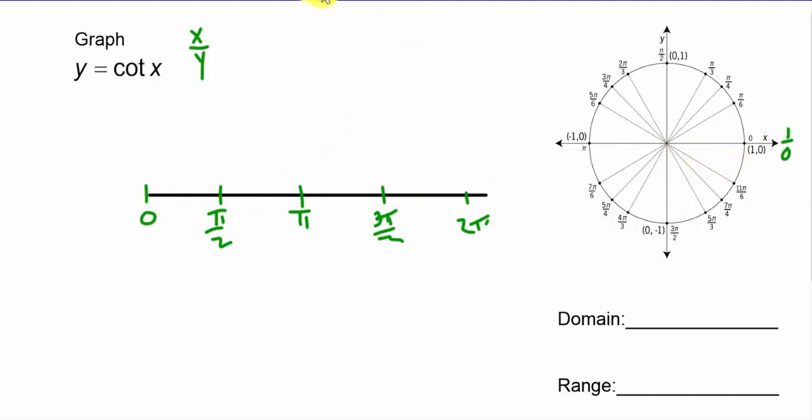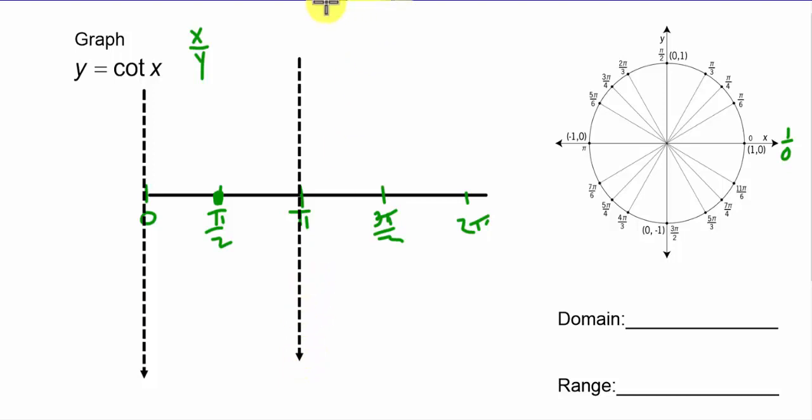So now I have an undefined value, or an asymptote at 0. And then I go to pi over 2, and I get a value of 0. Back to pi again, and notice undefined. 3 pi over 2, 0, and 2 pi, sorry, is the same as 0, like so.